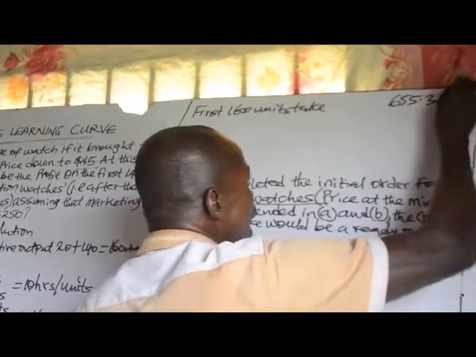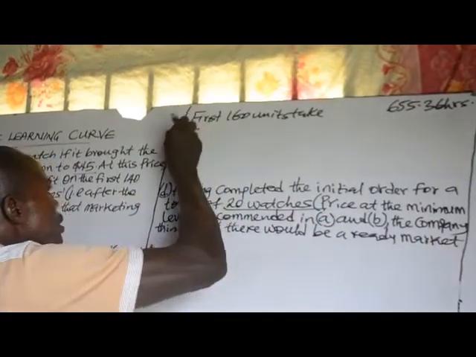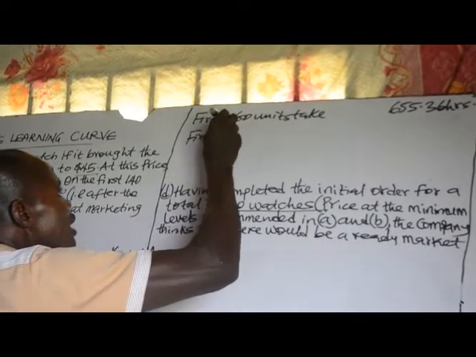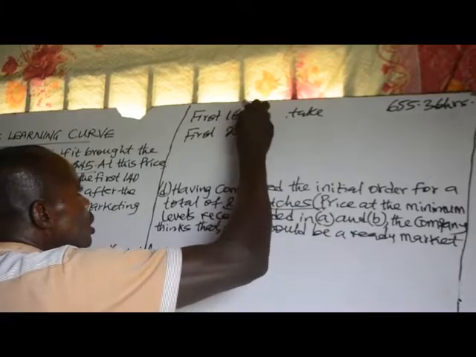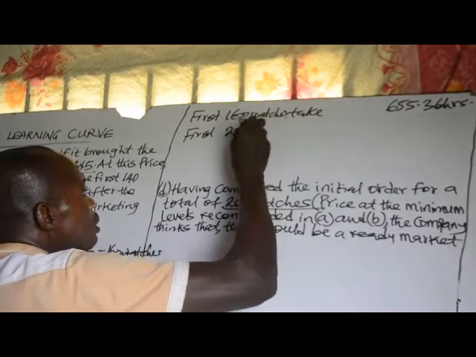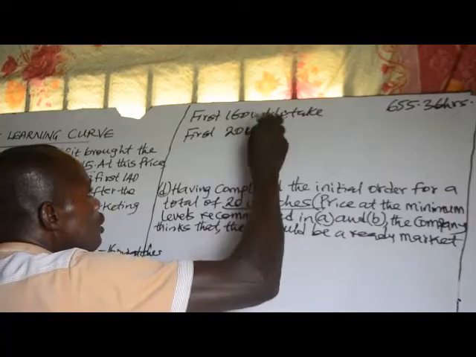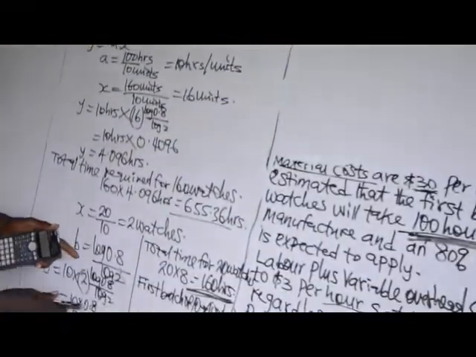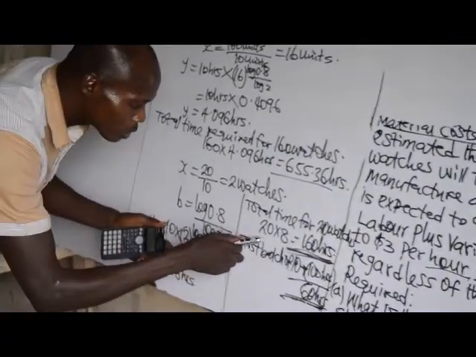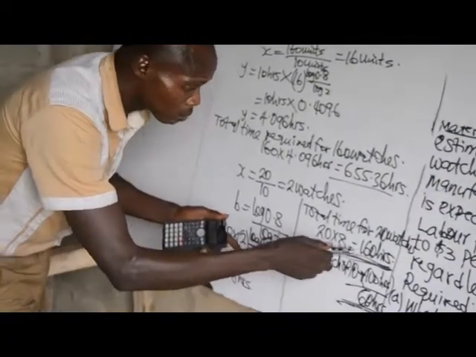655.36 hours. First 20 units, alright, is watches. First 20 watches take 160 hours as calculated.